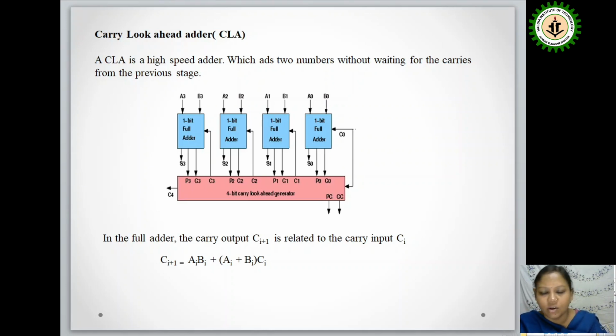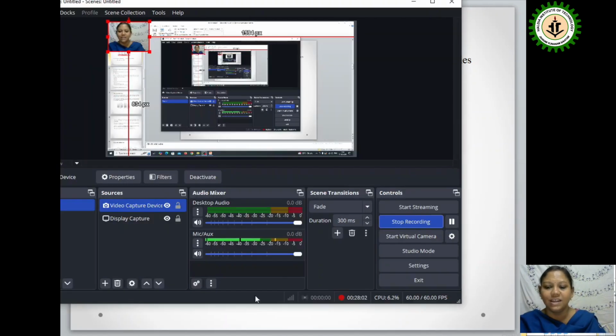I hope all of you understand. In the next slide I will try to design the total final arithmetic and logic unit combined. So thank you for today. Hope you understand. Thank you.